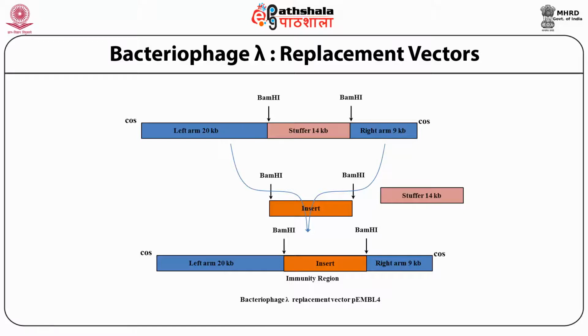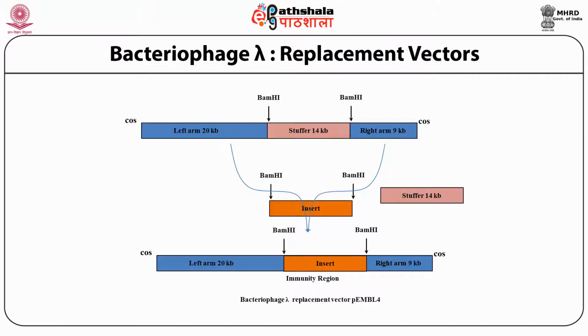Here in the figure you can see the stuffer segment of 14 kb that can be replaced by foreign DNA of almost the same size. The EMBL4 replacement vectors have the capability to carry an insert size of 8 to 24 kb.